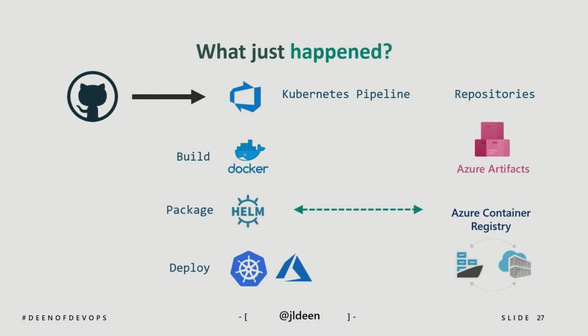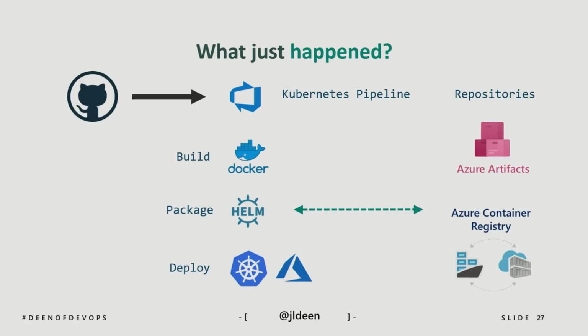And our demo part is done, but I just want to recap. We had code living on GitHub. We used Azure DevOps to handle our entire Kubernetes pipeline. We had Docker build and push our image, but we also had it work with Azure artifacts in a very secure way. We were able to structure our pipeline securely and our Docker build securely. We were able to package our Helm chart and push that over to our next release stage.